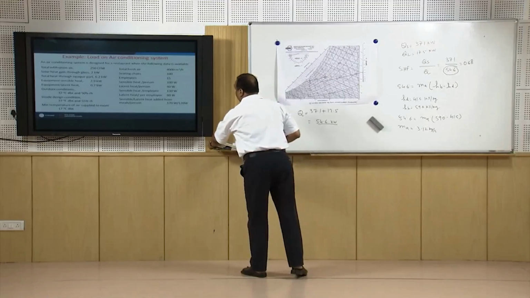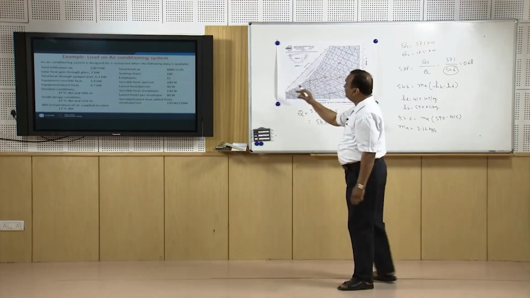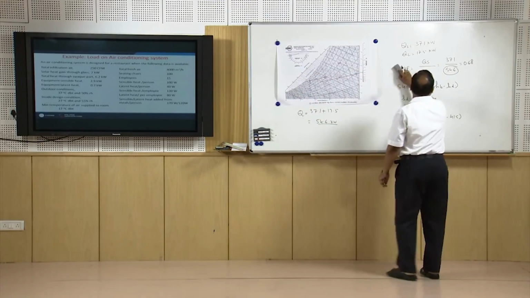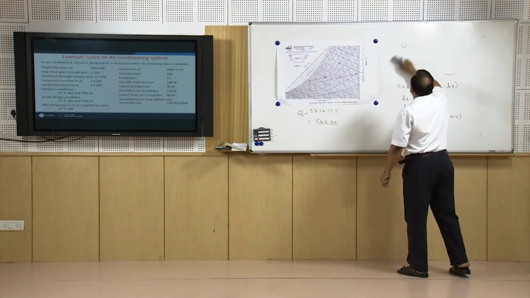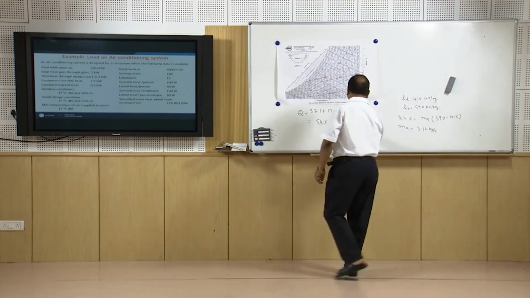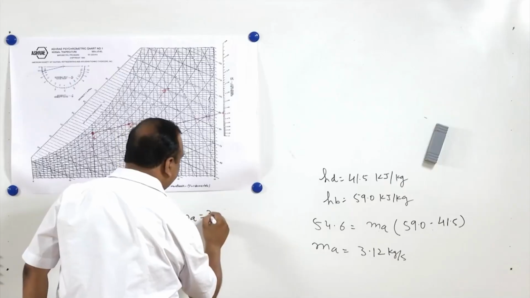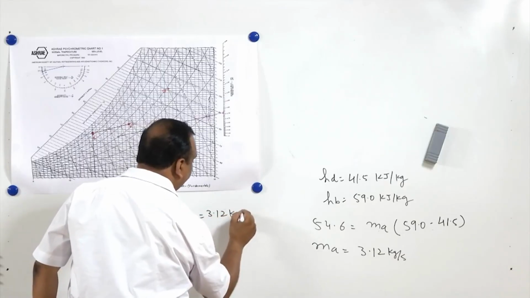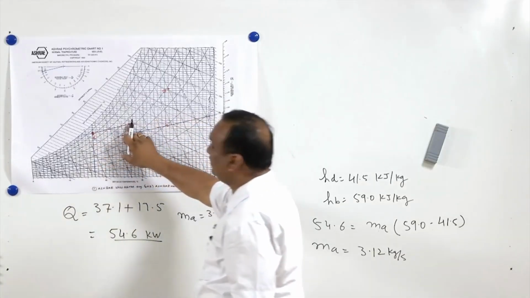Right. Fresh air available is 4000 meter cube per hour, outside air. The outside air which is coming in, so mass of the air is 3.12 kg per second, which has to be circulated inside this room.